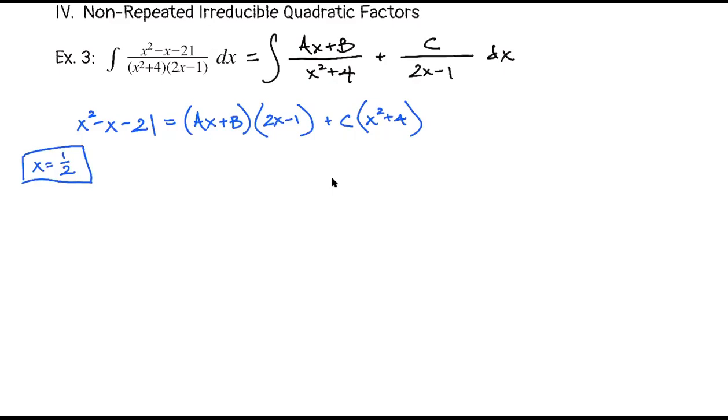Now, at this point, solving these systems of equations is really up to you in terms of what you feel your strengths are. So for me, I look at this and I'm like, oh, I gotta plug in some fractions. So if I plug this in, I'm gonna get 1/4 minus 1/2 minus 21 equals C times 1/4 plus 4.